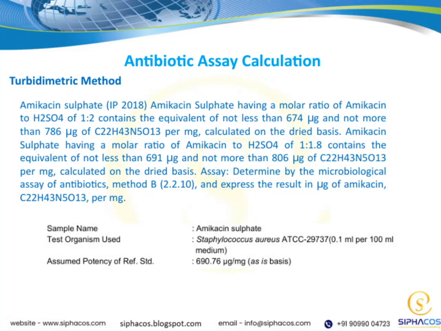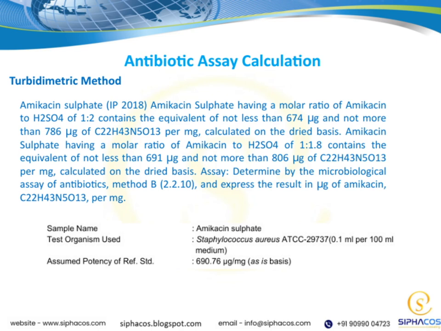Let's take a closer look at amikacin sulfate as defined by the Indian Pharmacopoeia 2018. When we talk about its composition, we see that the molar ratio of amikacin to sulfuric acid can vary. In one case, it's 1:2, and in another, it's 1:8. This ratio is important because it influences the amount of active drug present.